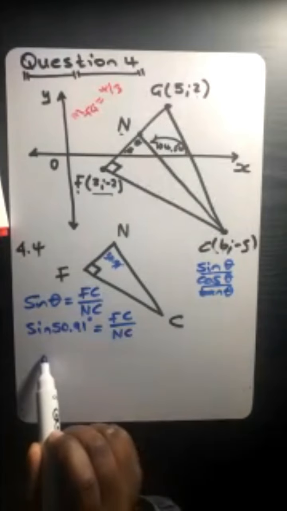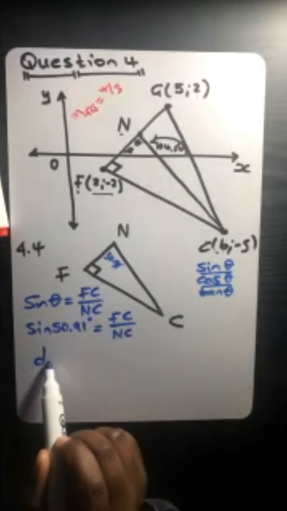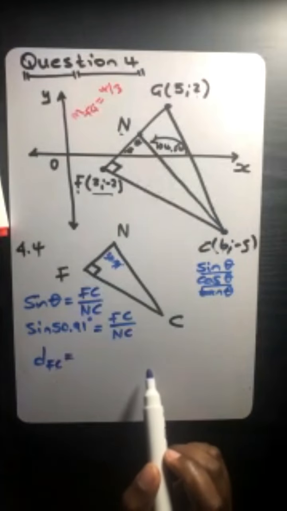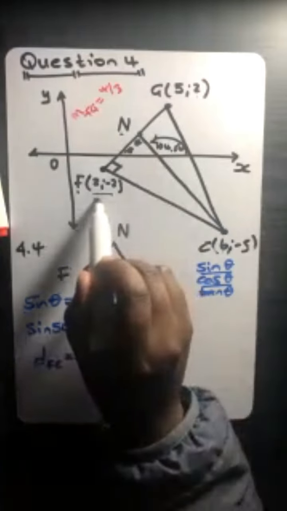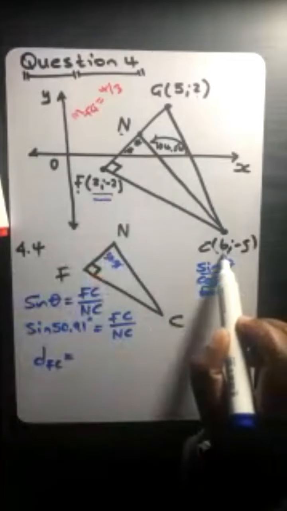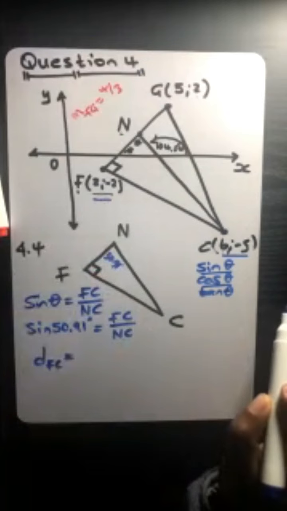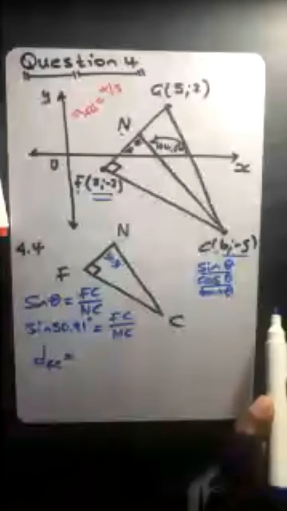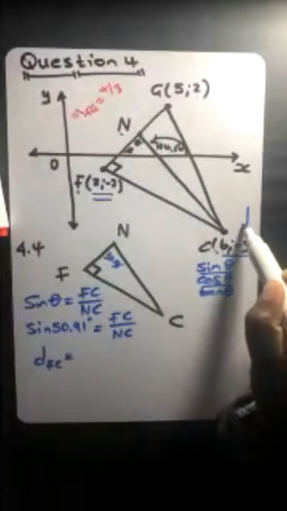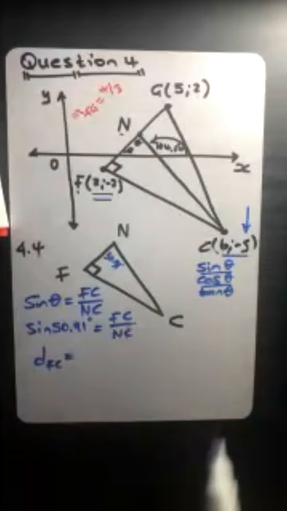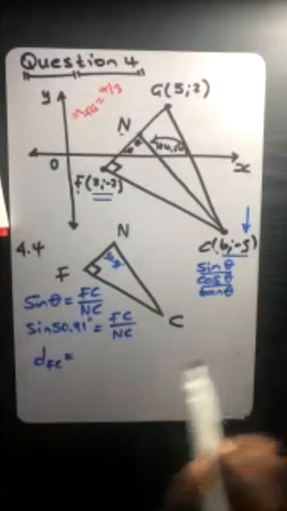But why not calculate the distance of FC? Because we do have the coordinates of F and the coordinates of C. So the danger with this question is that if you got that value incorrectly, then for this question you are not going to get maximum marks.